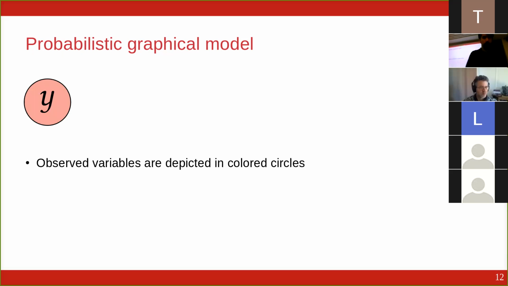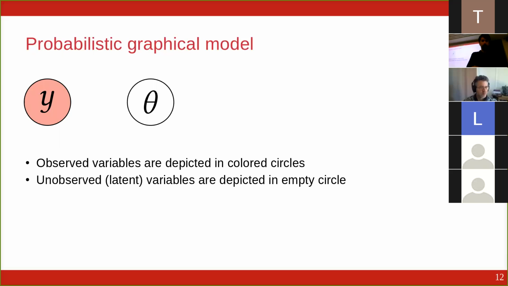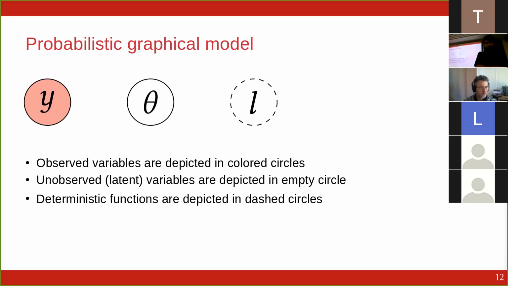You define variables using a full colored circle for the observed variable, a white circle for the latent variable, the unobserved one that you are trying to learn. You might indicate deterministic functions using dashed circles.